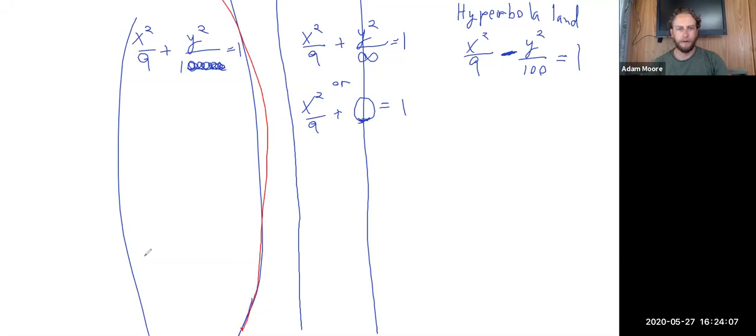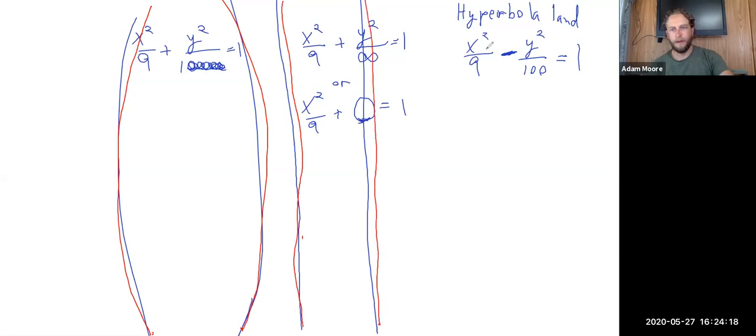Notice what's happened with the picture: we've gone from ellipses that were curving in, to at the extreme an ellipse that didn't curve in at all. And if we've gone more extreme than that, so far that we have negatives, the only other place to go would be an ellipse that's so far gone that it's actually curving out.